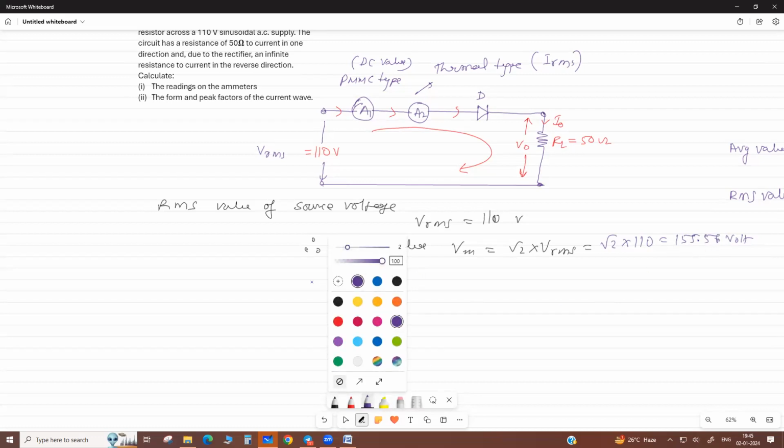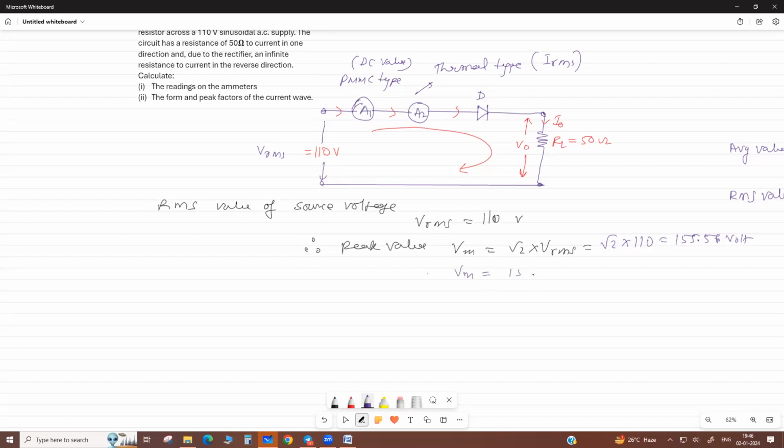Now the maximum value, peak value of voltage, is 155.56 volt. यहाँ पे apply हुआ. If the total resistance of this circuit is 50 ohm, then we can calculate the current, which will be the same on input side or output side.